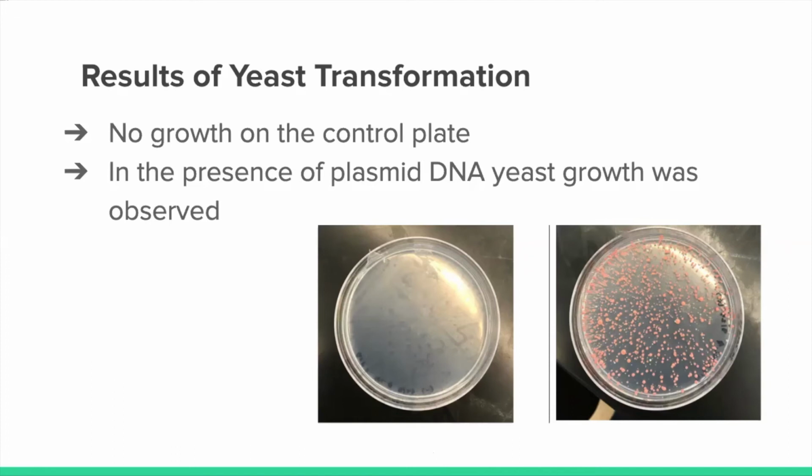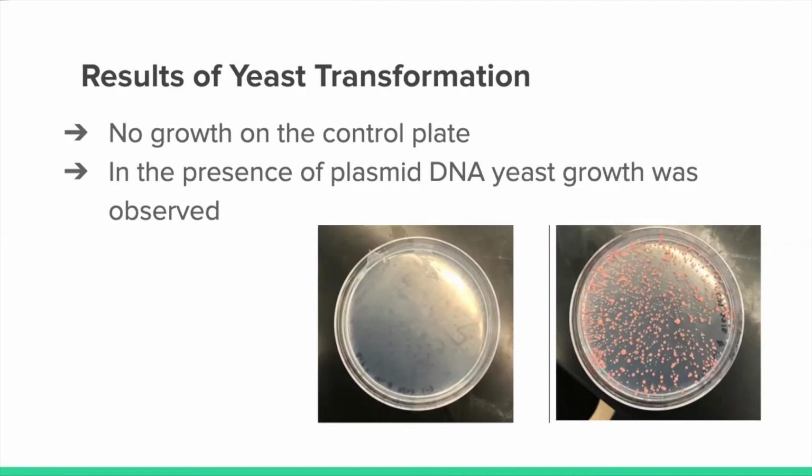The MSH2 gene and the HIS3 gene found in the mutated MSH2 plasmid, as well as the TRP1 gene found in the yeast's own SH44 plasmid, allowed for growth in the absence of histidine, tryptophan, and uracil, which were not found in the growth plate.